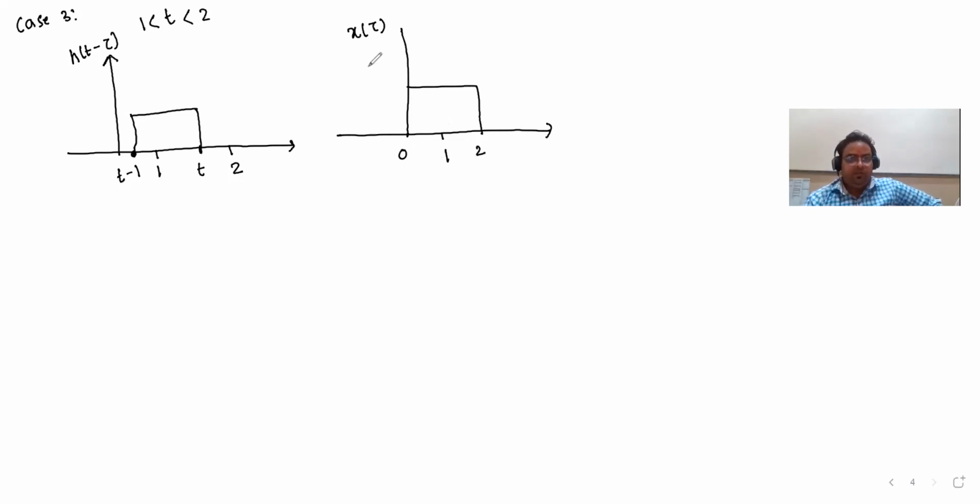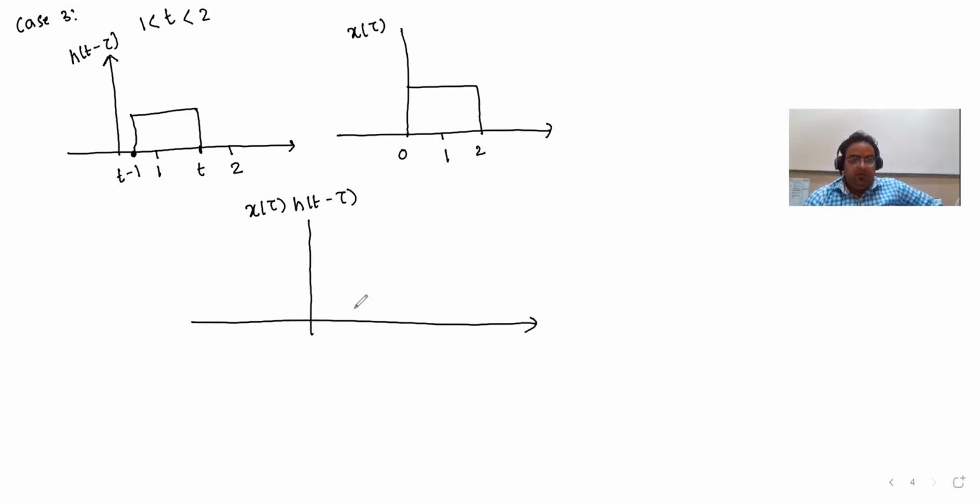Now let us see the multiplication between the two. The multiplication between x of tau and h of t minus tau, what is it going to be now? I'll again draw. I should have made it in the previous combination of the colors only, like I had done before. I'll do it in the same manner.